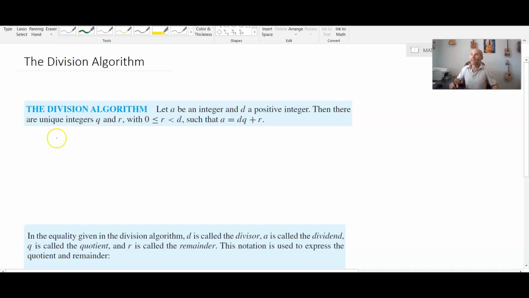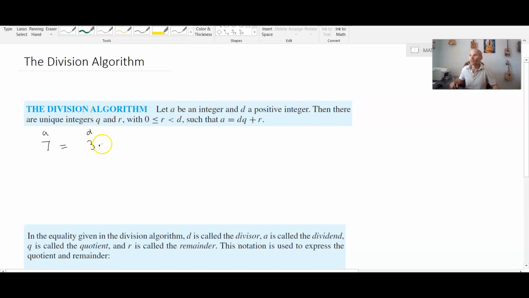One basic example we could give is, let's say we try to take 7 and divide it by 3. So I'm going to say that A is 7 and D is 3. How many times does 3 go into 7? How many times can we remove 3 from 7? We can do it 2 times.